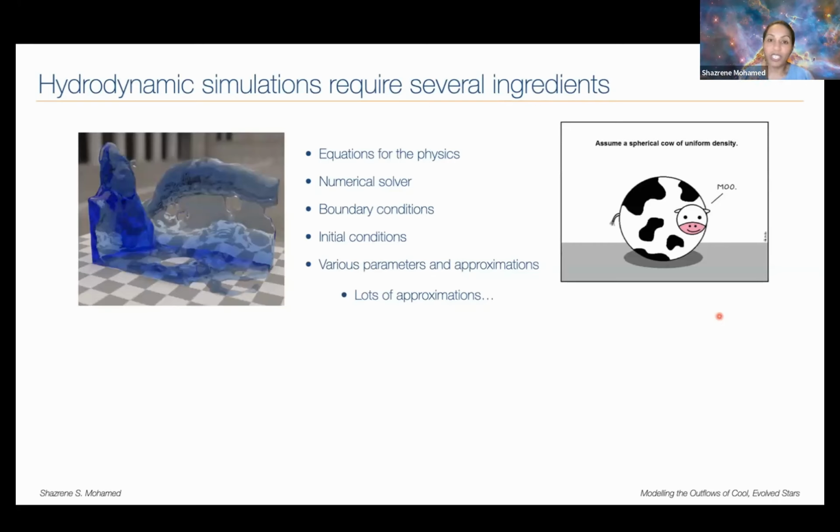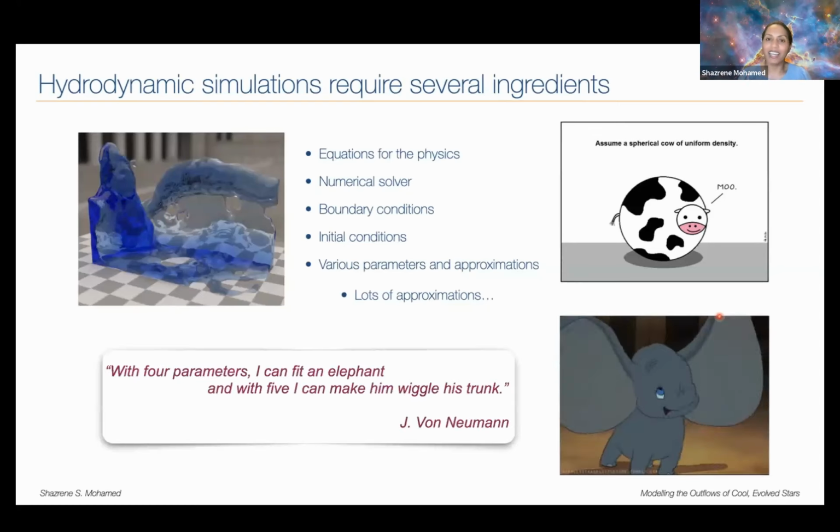You need to set your initial conditions in the gas, and because of limitations with computational time and our understanding of the physics, there are lots of parameters and approximations, and therein lies the uncertainty. But I'll put a positive spin on it and say that this is where you get the richness of our models and a flavor of our originality and creativity, as we try to approach these limitations.